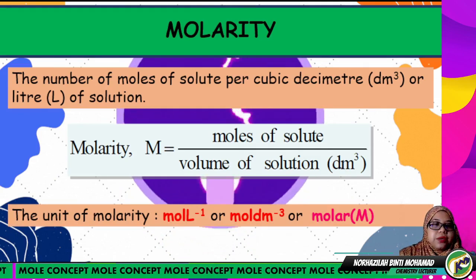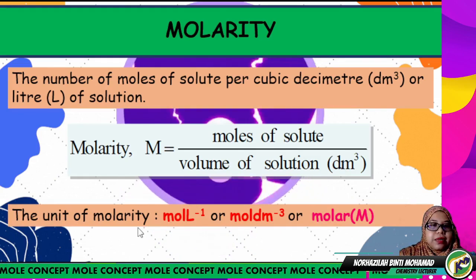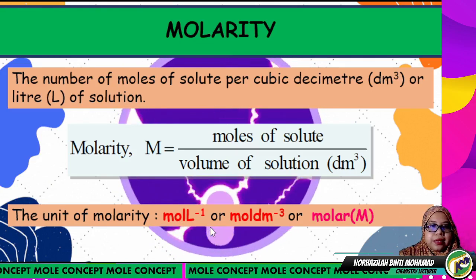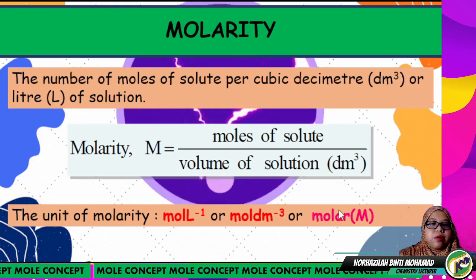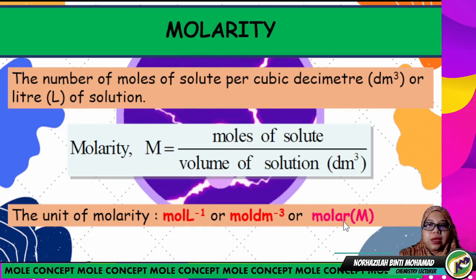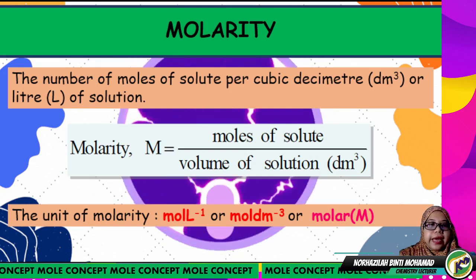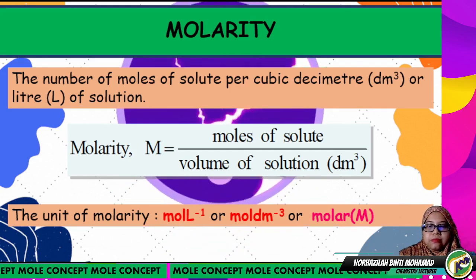So the unit of molarity is either mole per liter or mole per dm cubed, or we call it molar, which has the unit M, capital letter M. That is molarity.